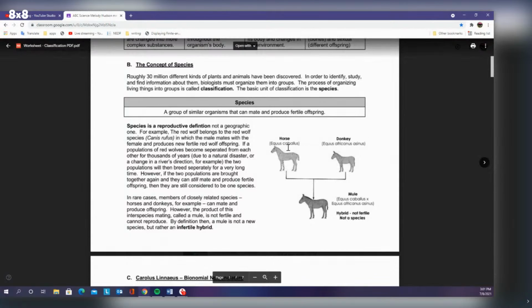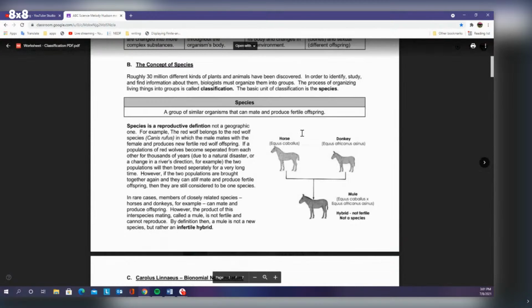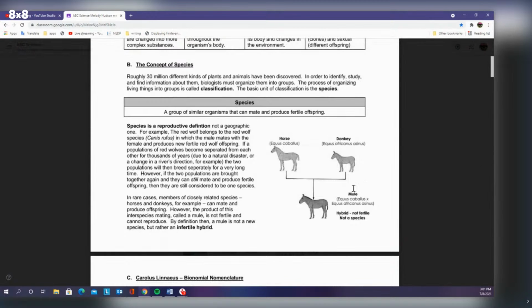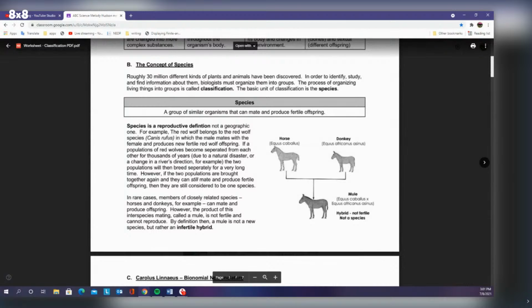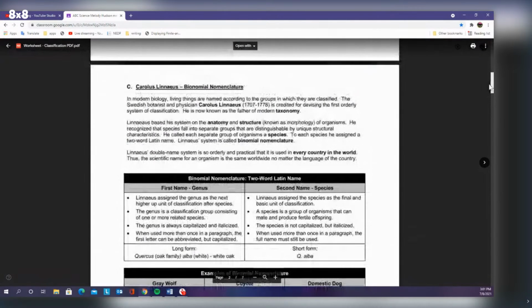Notice they're all part of this family of Equus: horses, donkeys, and mules. And look at the name of the donkey, Equus africanus asinus, an ass. We call donkeys an ass. Finally, the next one, which is the one that kind of gets people because it's not in English, it's Latin, and it's called binomial.